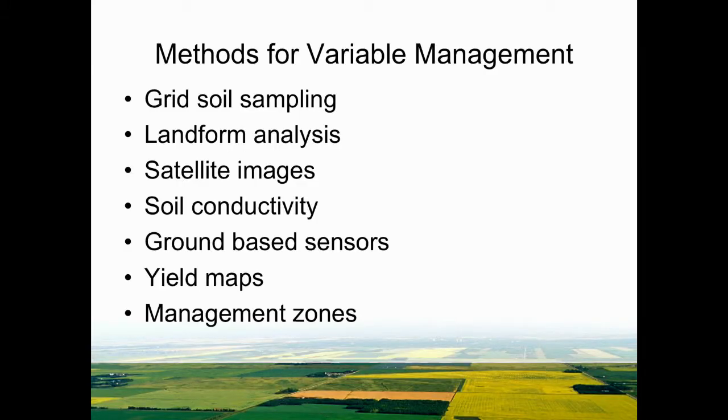Satellite images continue to be used by industry and certainly have been successful in the past. Soil conductivity is another source of information. Lewis talked yesterday about the project with Veris Technology, and certainly there's potential there in delineating areas of high and low productivity and the reason for that high and low productivity. Ground-based sensors are another technology.